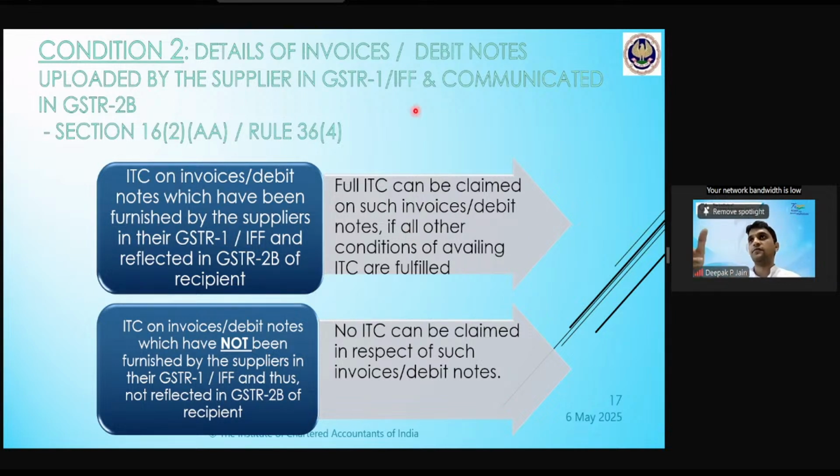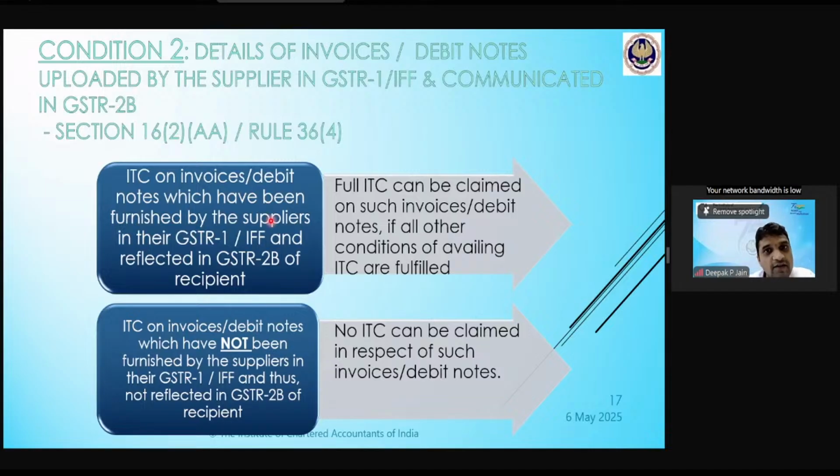So IFF means an interim facility which is given to quarterly filers, wherein, because they are filing quarterly, but receiver को credit चाहिए, so then they will file something called IFF, invoice filing facility.